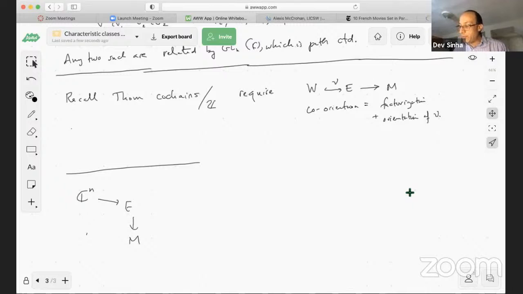The class c_n is going to be the Euler class again. So that's in H^2n of E or M. It's represented in H^2n of E.